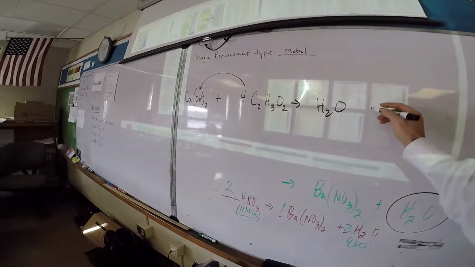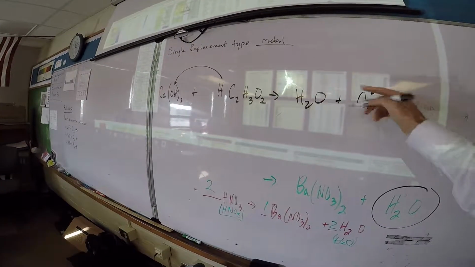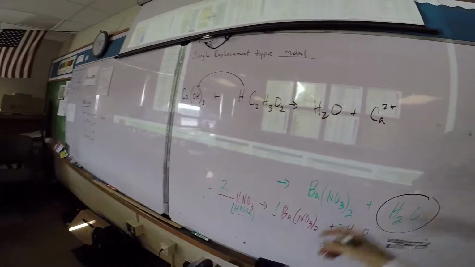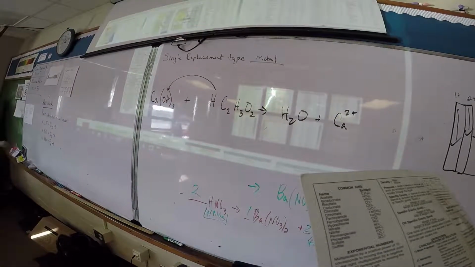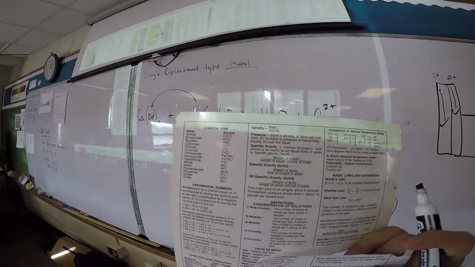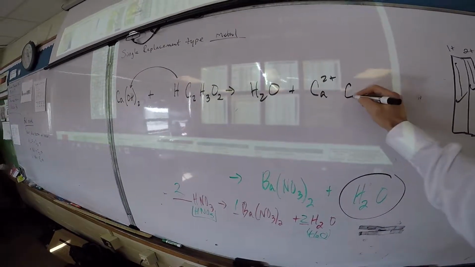So then we're just going to make our calcium 2 plus, and then I have to look that one up again. I'm going to name that off the top of my head. Going drawing some blanks. I think it's acetate. Yeah, it is acetate. C2H3O2, the acetate.